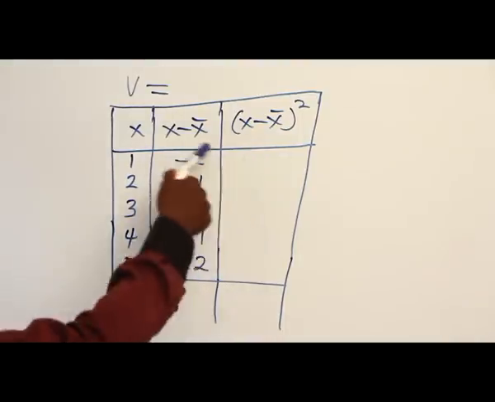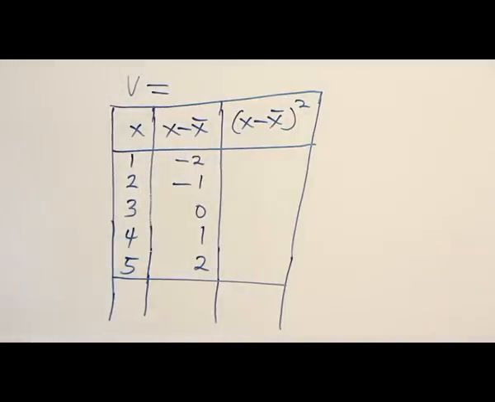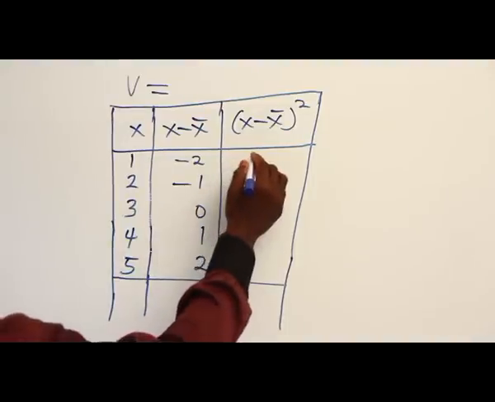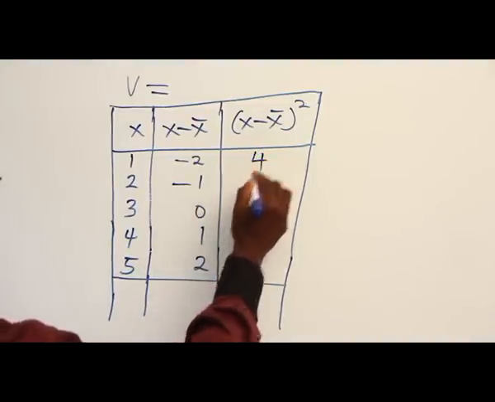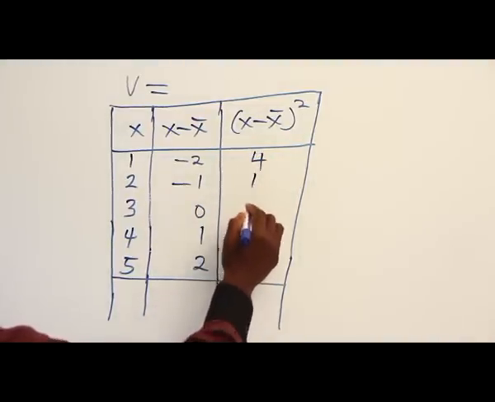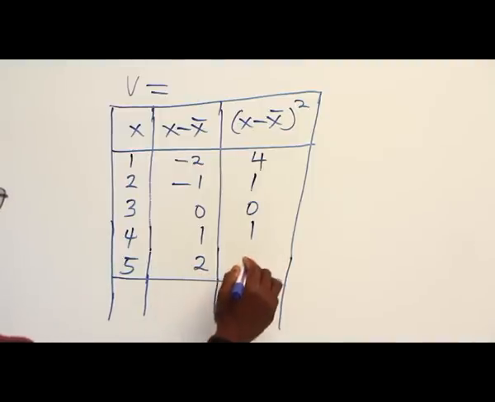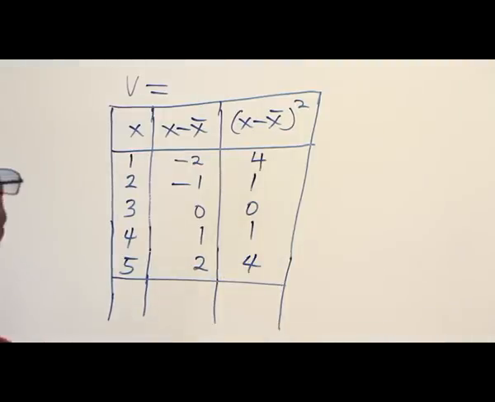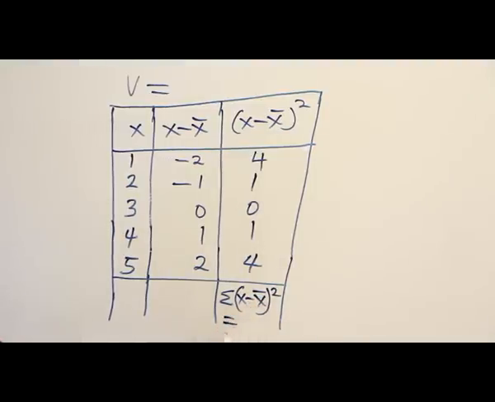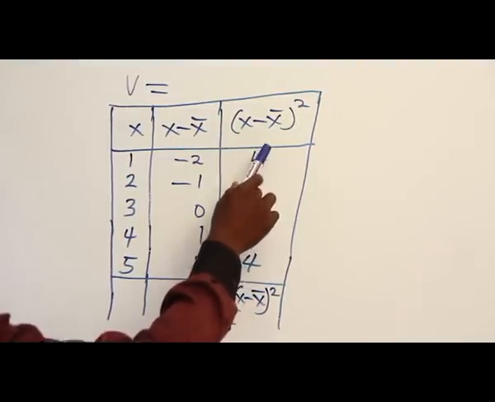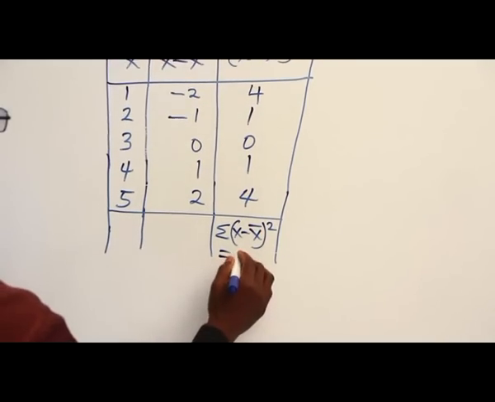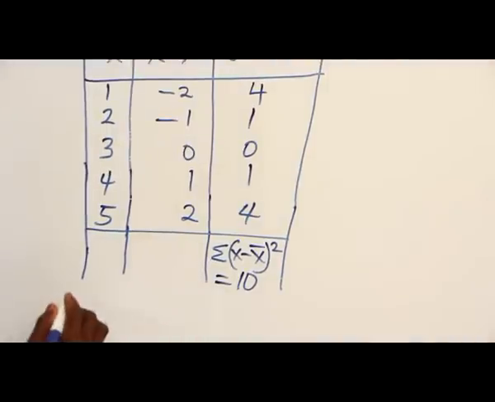So to get this column, we need to square this. If we square minus 2, minus 2 squared will give us 4, minus 1 squared will give us 1, this will give us 0, give us 1, 2 squared will give us 4. So sigma (x minus the mean of x) squared equal, we add this, 8 plus 2, 10, equal 10.